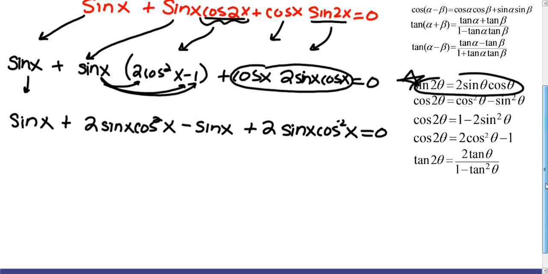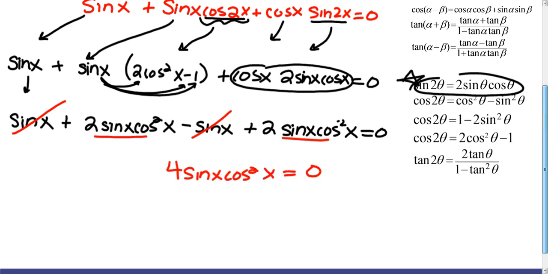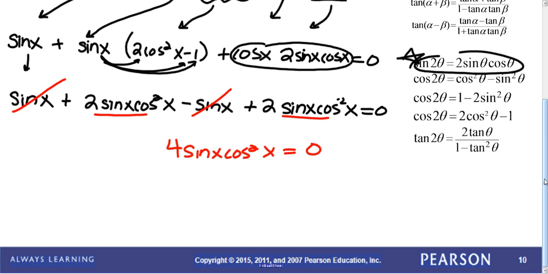So now this and this can cancel. These are like terms. They are both a sine x and a cosine squared x. When I add them together, I have 4 sine x cosine squared x. Okay, so here's what you need to think about. Basically, if sine x was 0, 4 times 0 times, it doesn't matter what cosine squared x would be, as long as sine x is 0, the entire quantity is 0.